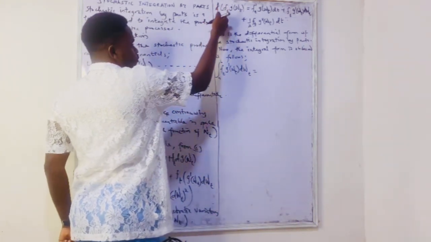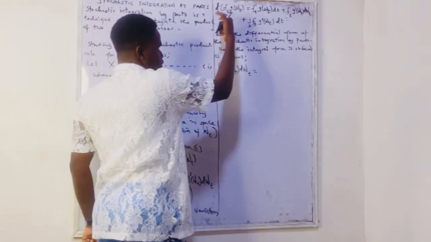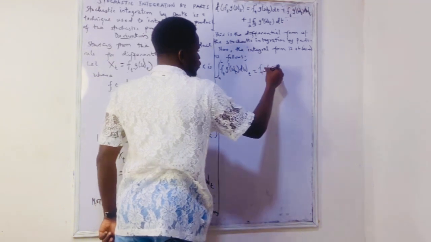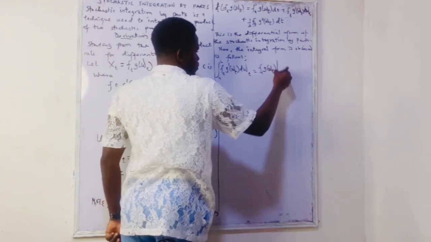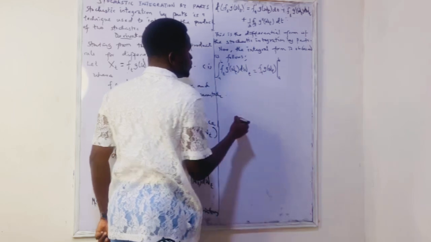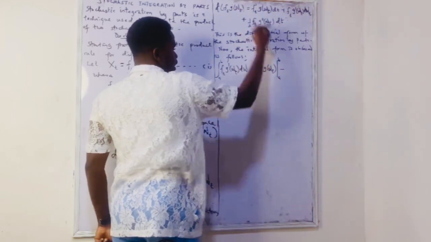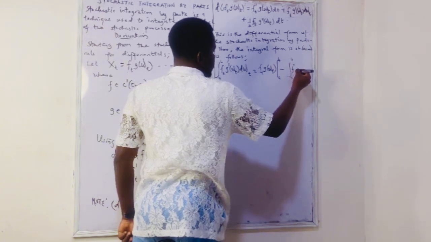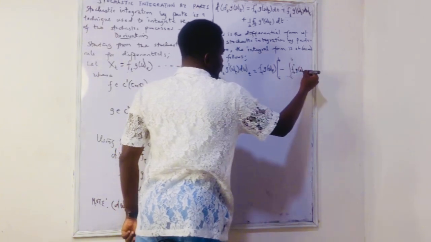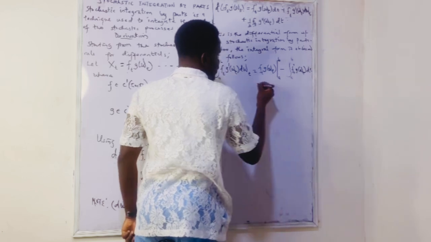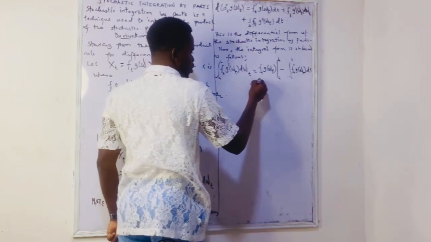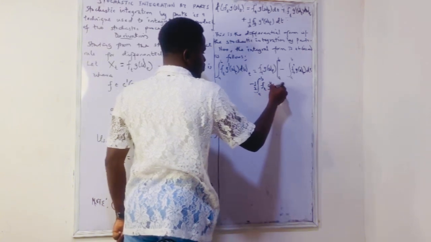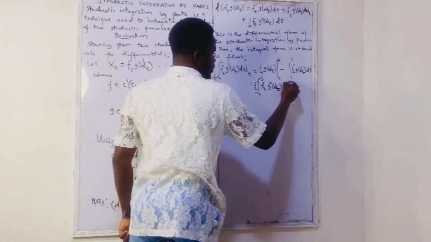If you integrate this, the differential will cancel out the integration, and we'll be left with f of t g of W sub t with the limit a to b, minus, taking this to the other side, the integral from a to b of f prime of t g of W sub t dt, then minus the integral, half, from a to b, of f of t g double prime of W sub t dt.